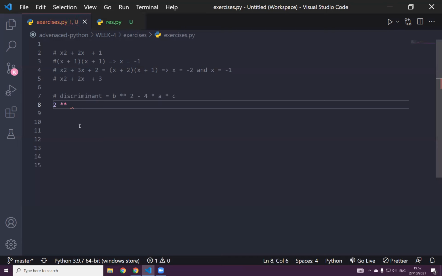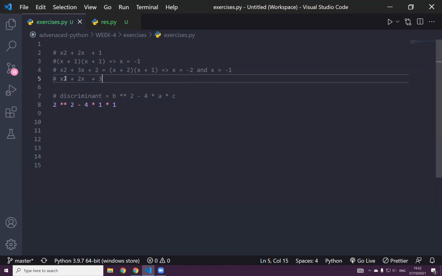Then square it, and minus 4 times a, which here is 1, times c. C is also 1. So as you can see, 4 minus 4 is going to be 0. So it's going to have one solution. So it was right. Oh, great.